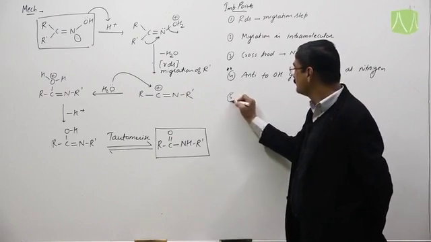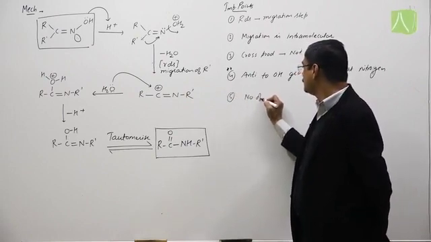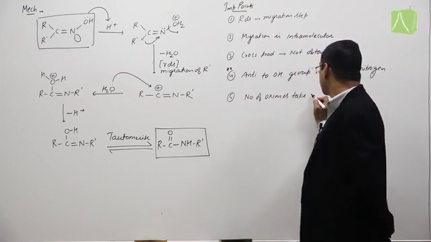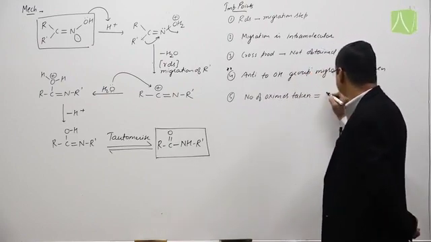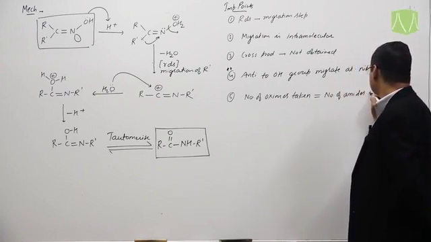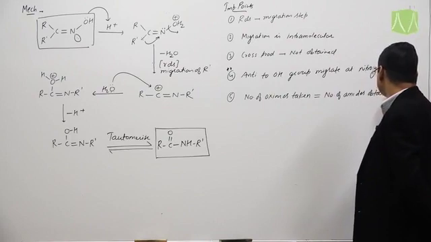Next point: the number of oximes taken is equal to the number of amides obtained.